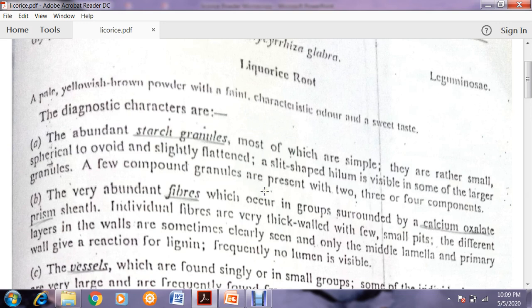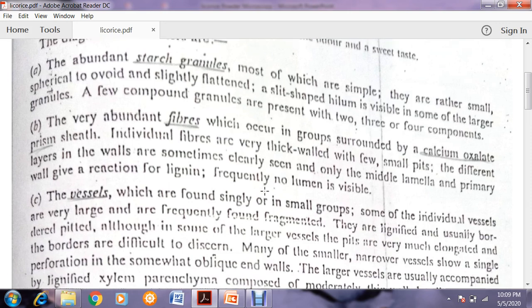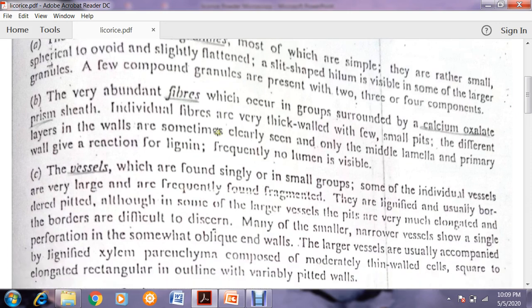After the starch granules, the character which can be seen abundantly is the fibers, which occur in groups surrounded by a calcium oxalate prism sheath. Individual fibers are very thick walled with few small pits.